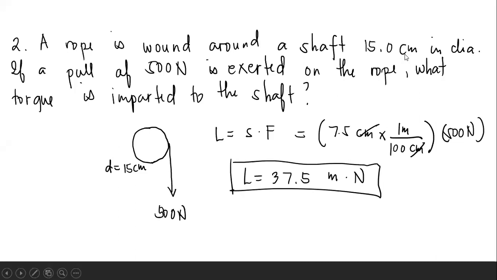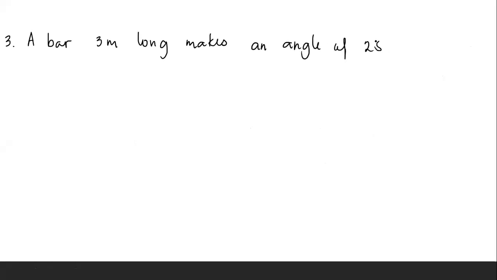Last problem, number 3. A bar 3 meters long makes an angle of 25 degrees with the horizontal.